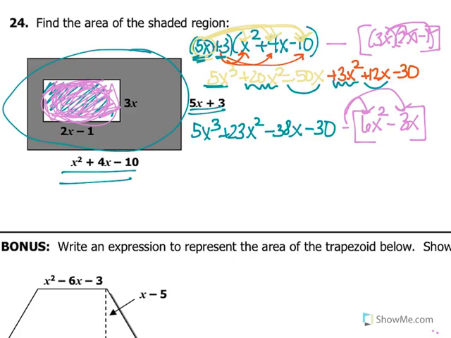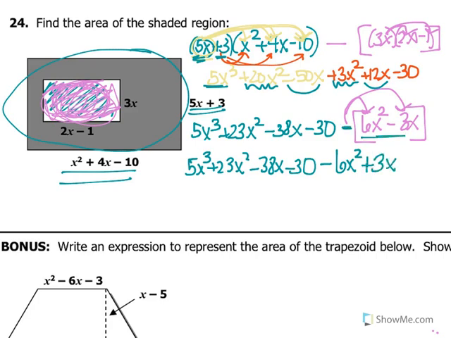All right, so I'm going to rewrite what I have for the area of the big rectangle: 5x cubed plus 23x squared minus 38x minus 30. Now, minus 6x squared and plus 3x, because the negative goes to both of these terms here. Now all the multiplying is done. The next step is to combine your like terms. Nothing's a like term with that 5x cubed, so I'm going to bring that down.